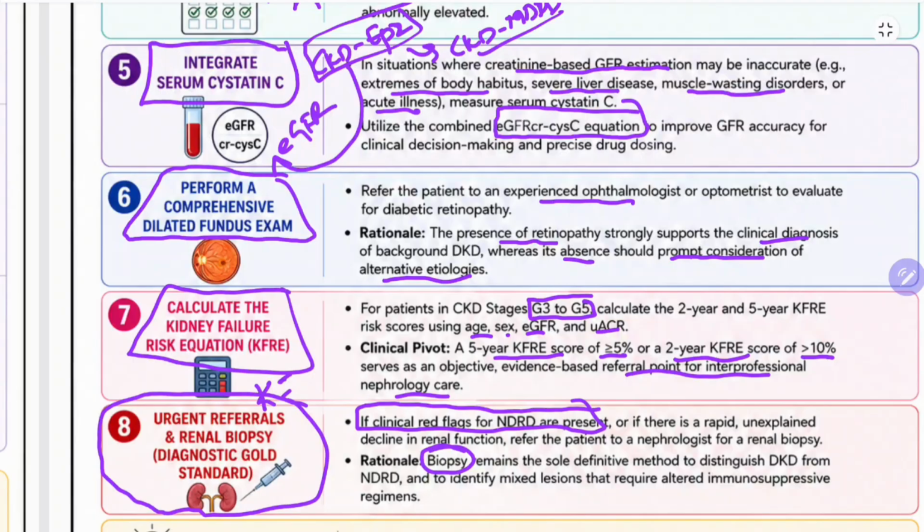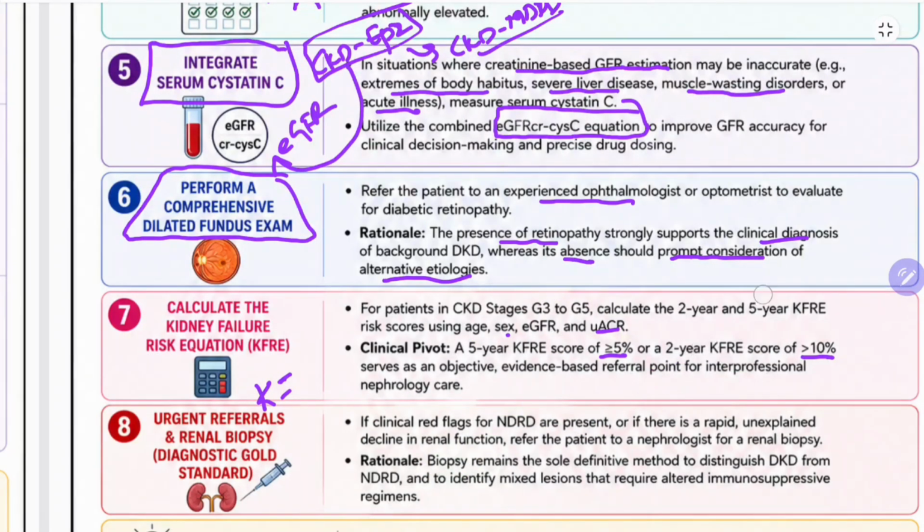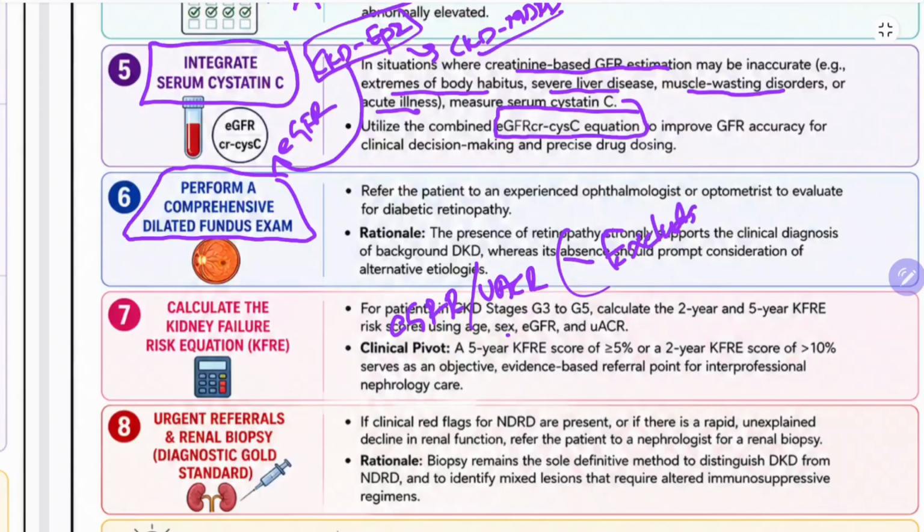So just to summarize, in the investigative approach, we are calculating EGFR and UACR, excluding the confounding situations, meaning the situations which raise this temporarily.